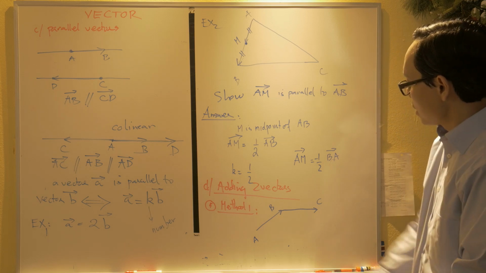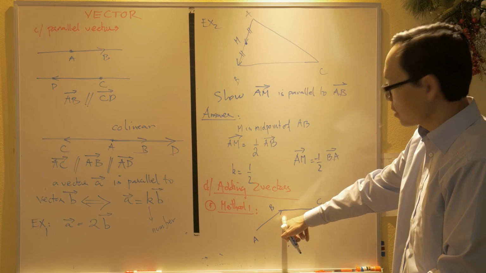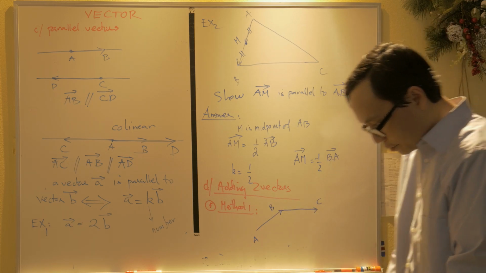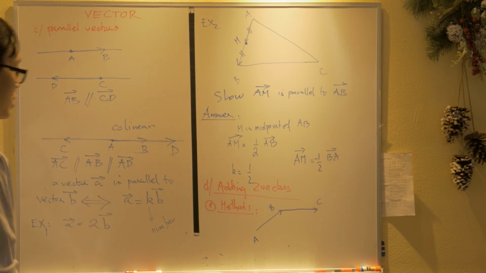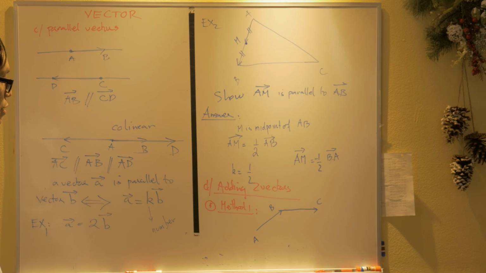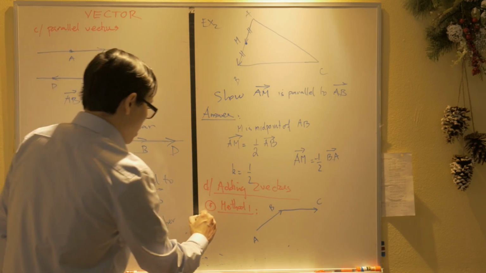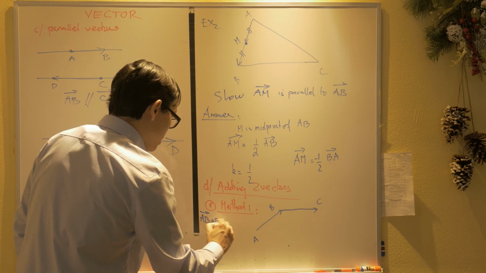You see that the terminal point of vector AB becomes the initial point of vector BC. So I have vector AB and vector BC. Now I want to add vector AB to vector BC.